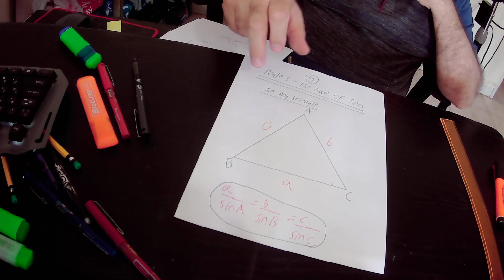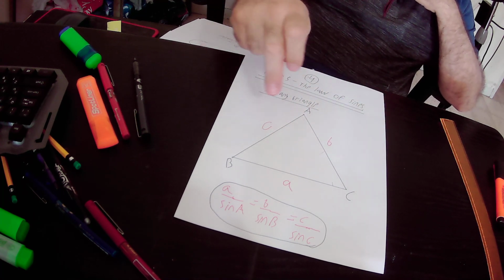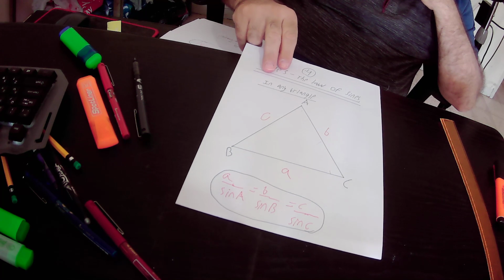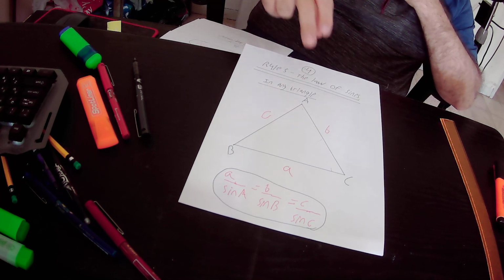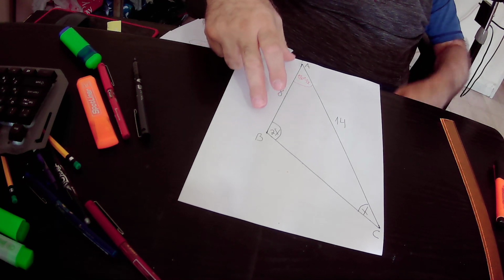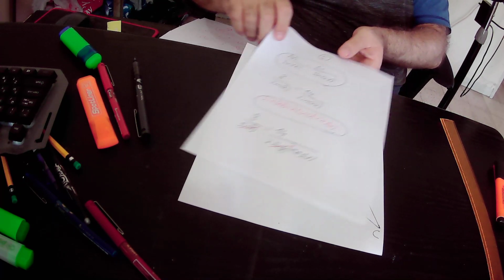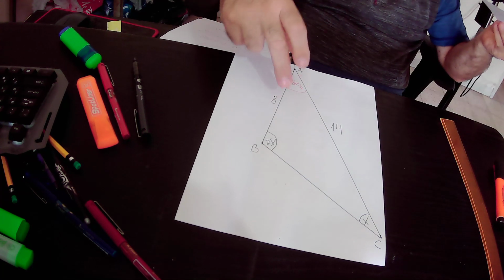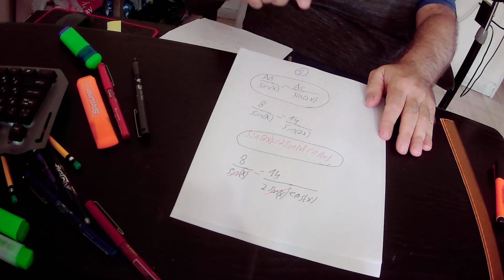According to the law of sines, A over sine A equals B over sine B equals C over sine C, where capital A, capital B, and capital C are the sizes of angles A, B, and C. So we can use the law of sines in our triangle ABC: AB over sine x equals AC over sine 2x. We substituted AB by 8 and AC by 14.